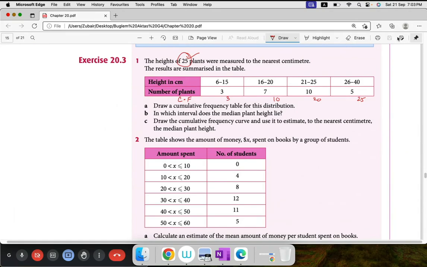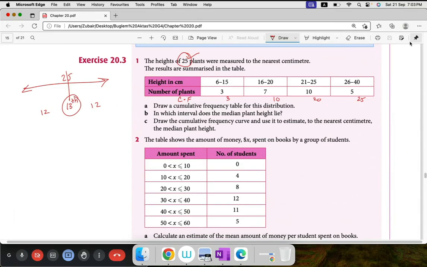In which interval does the median plant lie? He's not asking me about the curve. So I have 25 in total. My mid value would be 13th value, 12 on this side, 12 on the other side.